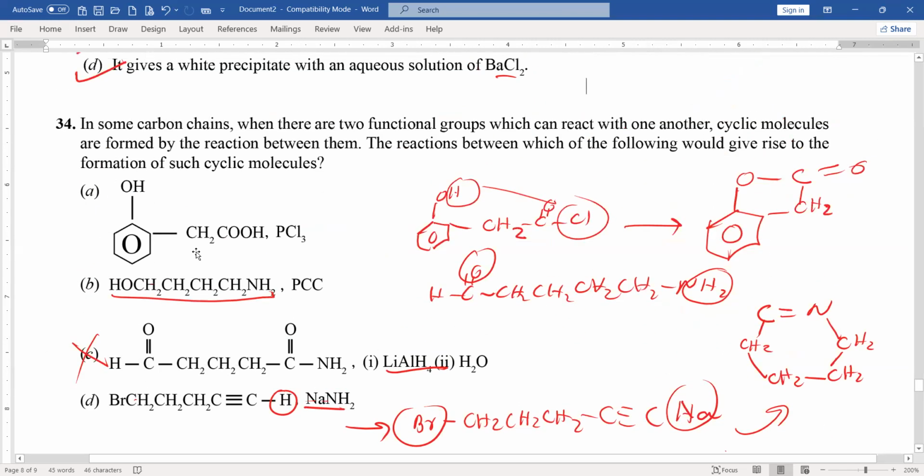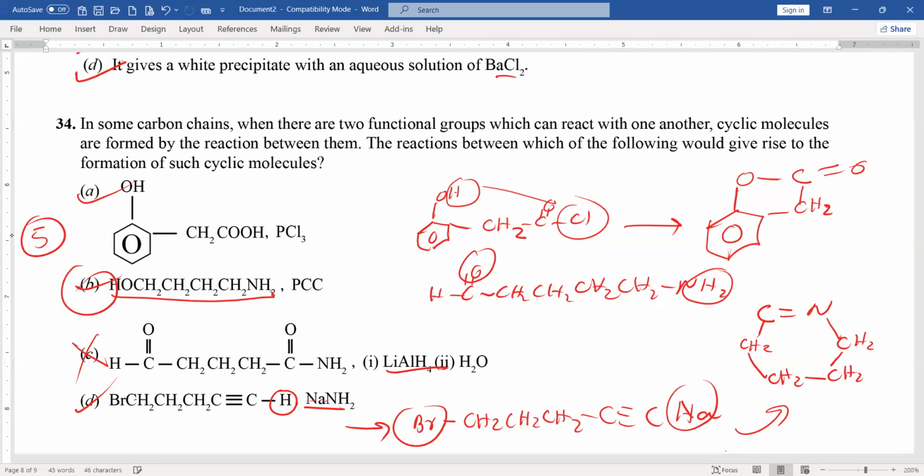So your answer must be A, B, and D, the fifth one. If B can, D can. But C cannot be because of the reduction of that first.